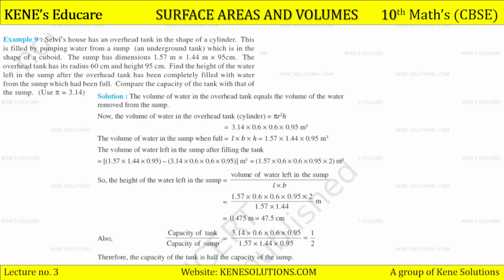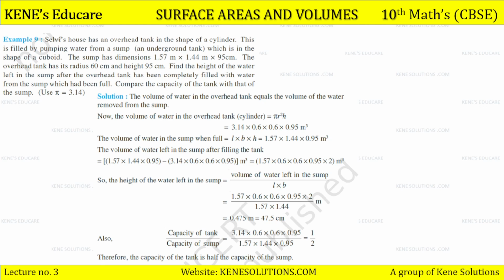देखिए स्टूडेंट्स, the volume of water in the overhead tank equals the volume of the water removed from the sump. So now the volume of water in the overhead tank is equal to pi r square h. Correct. So 3.14 multiplied by 0.6 multiplied by 0.6 multiplied by 0.95. The volume of water in the sump when full is equal to L multiplied by B multiplied by H. So we get 1.57 multiplied by 1.44 multiplied by 0.95.